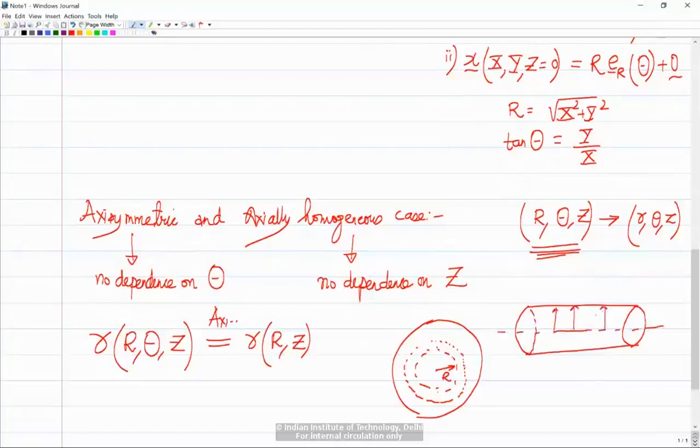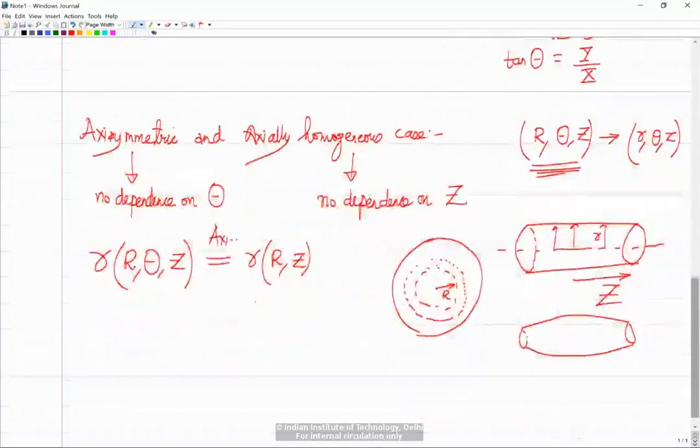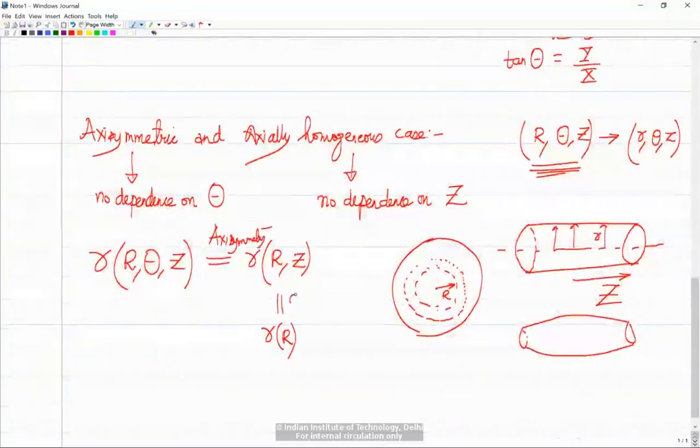So the deformed radius, small r, must not depend on the axial coordinate, big Z. If it depends on the axial coordinate, then it becomes axially non-homogeneous, and it's going to become something like this. This is just one example. So I further want to say that this is just a function of big R. This is due to axisymmetry, and this is due to axial homogeneity.